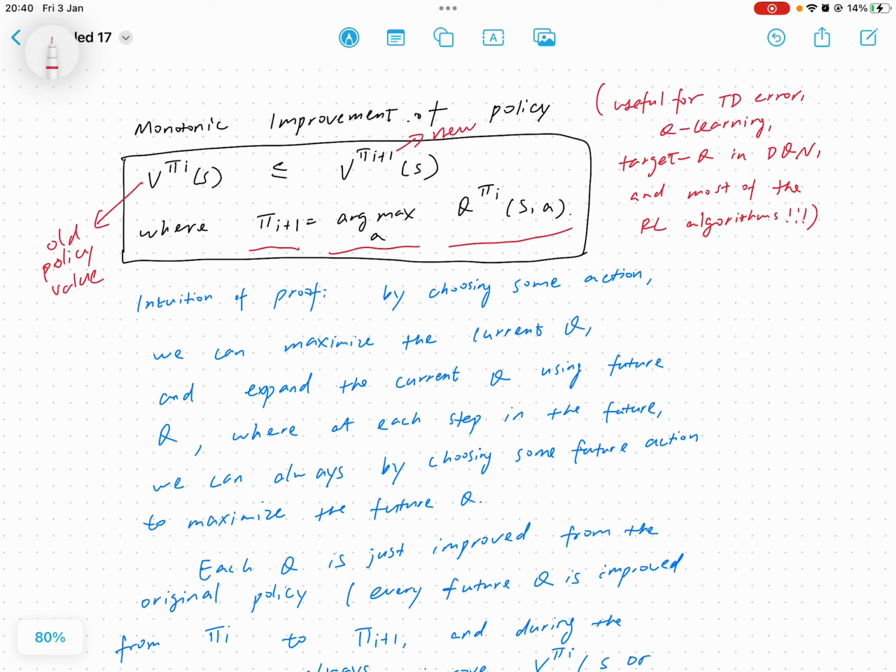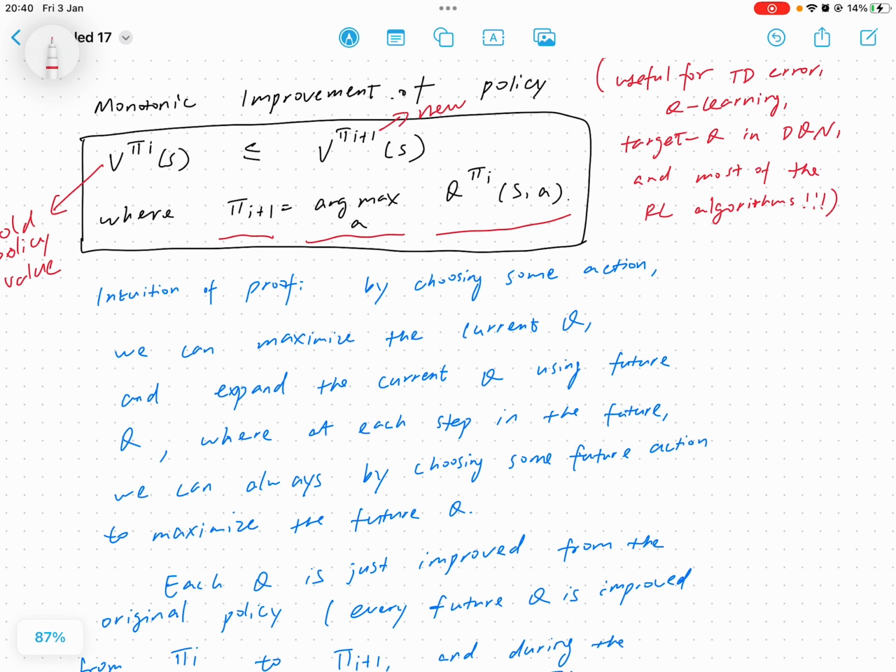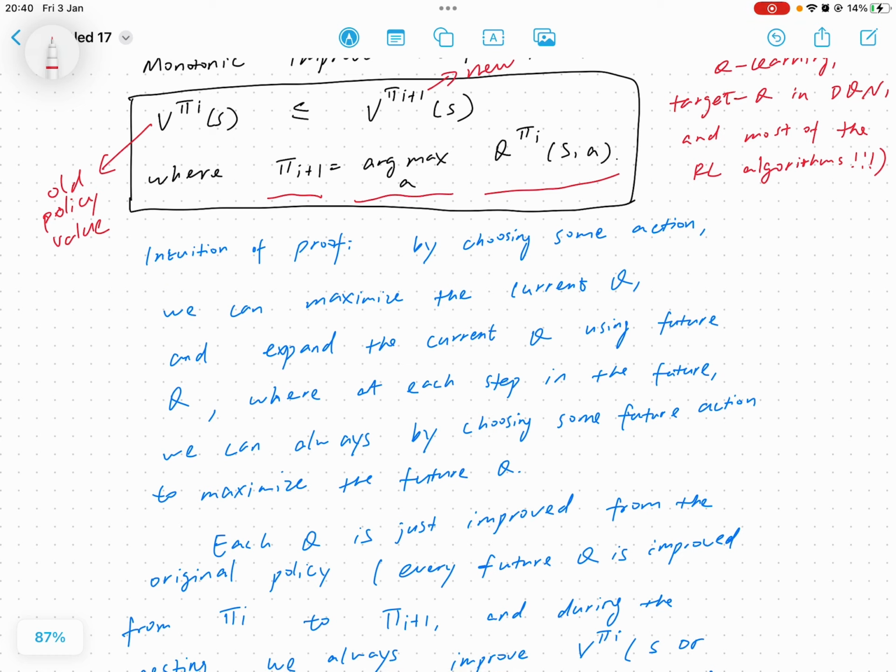Here I simply wrote several sentences to help us further understand the basic intuition of this proof before the mathematical proof. By choosing some action at each time step, we can maximize the current Q or the future Q values, and then we can expand this current Q using all the future Q values, or nest that Q using the notation in rewards, the discounted sum of future rewards, right?